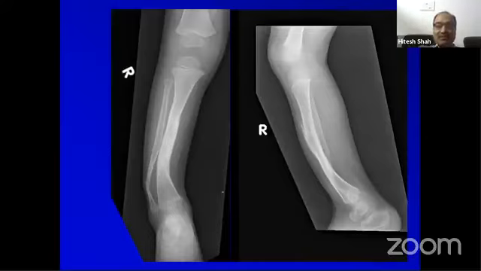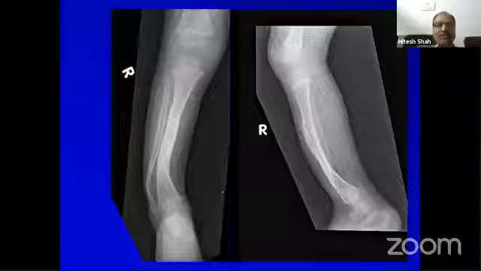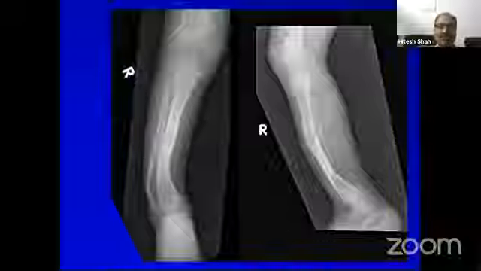Once there is a fracture, it's one of the most frustrating problems. It never unites. Many people claim that it will unite 100%, but this is one of the most challenging problems throughout pediatric orthopedic conditions. So the basic principle is to prevent the fracture.